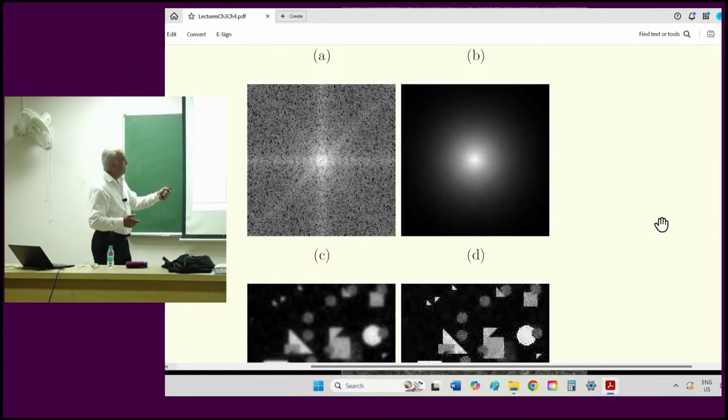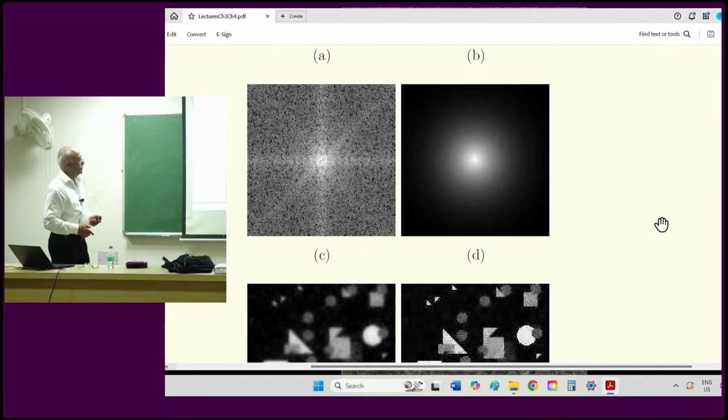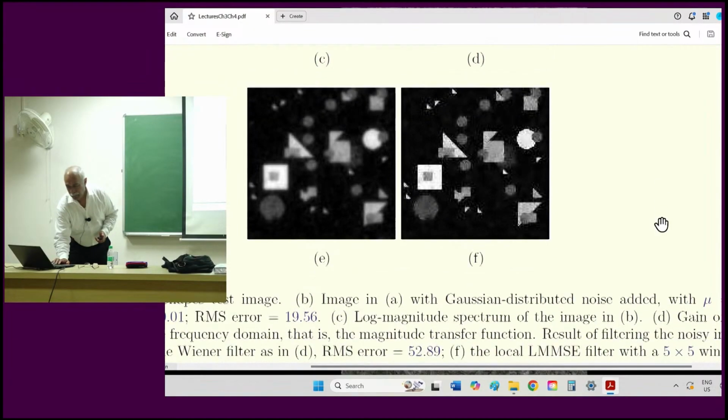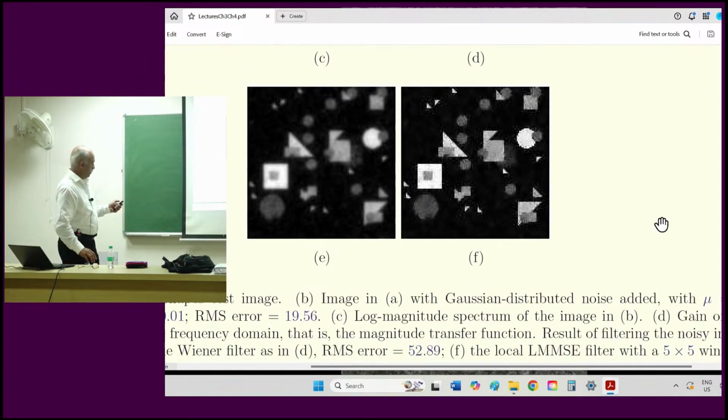So it is a low-pass filter, high gain here, gain reducing with frequency. That's the output, blurry. Noise has been reduced.